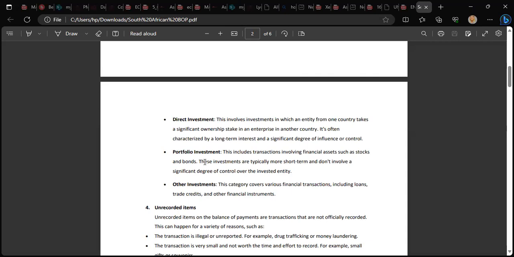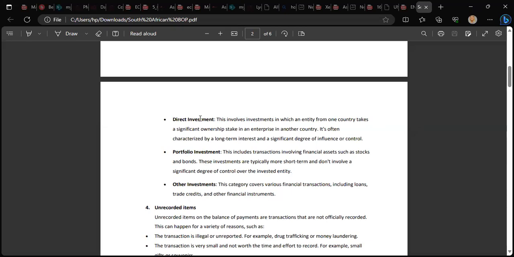So you're as good as betting against that company. This is very unpredictable, while direct investment is more predictable and more helpful in the economy of a country.